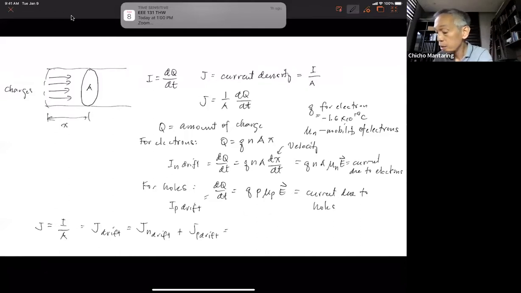Okay. So what is this going to be equal to? This is going to be q n mu sub n plus q p mu sub p multiplied by E. And this is now what we call sigma, which is your conductivity.